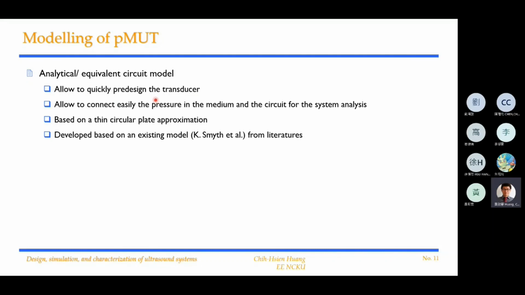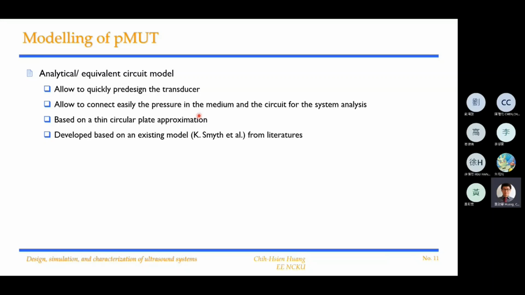As long as you can implement the equations you find, they should be able to calculate very fast. So this is the advantage of the analytical circuit model. The other one is it's easier to connect different mediums.